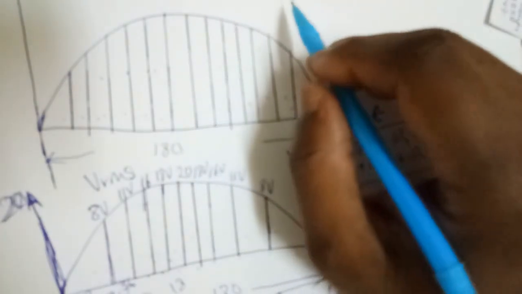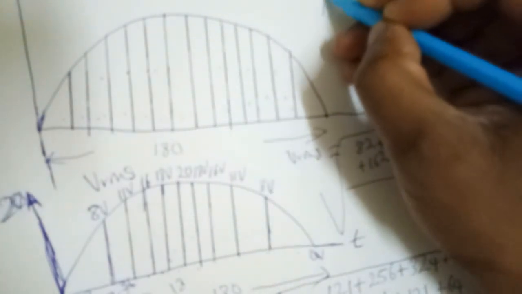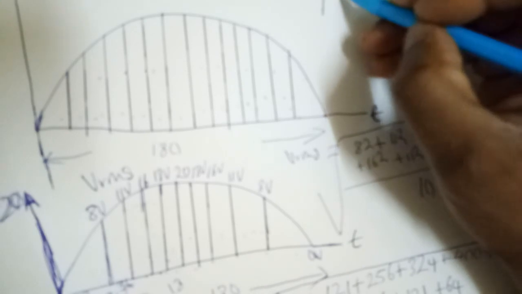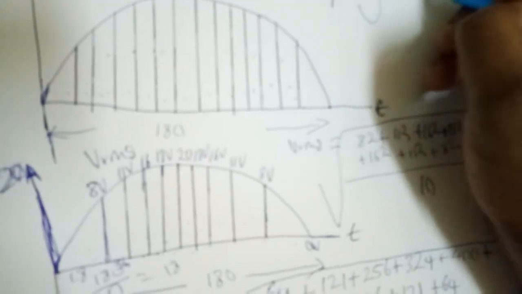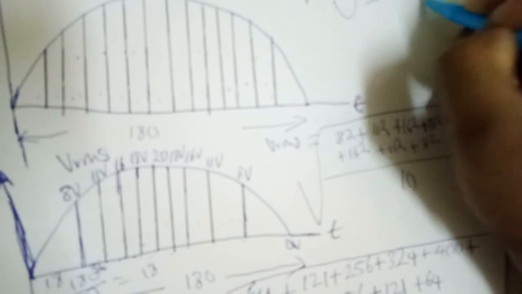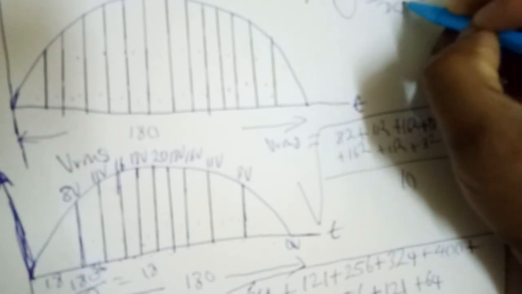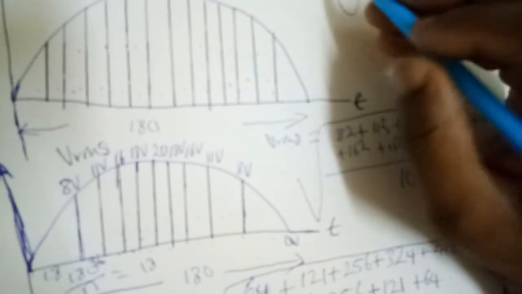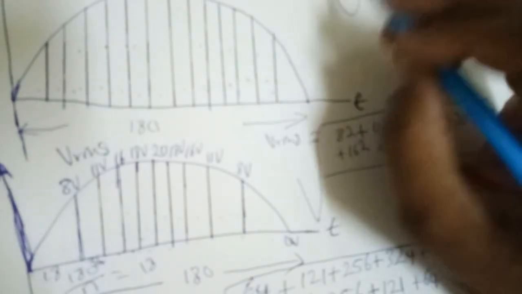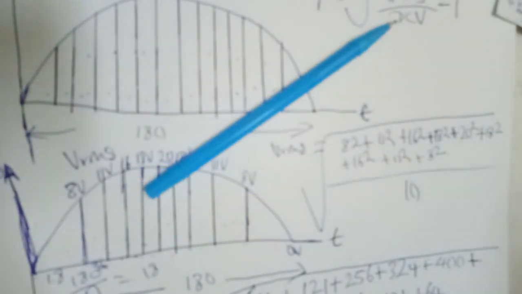So if you want to calculate the ripple factor, it is equal to V root mean squared over DC voltage, minus 1. That's how you get the ripple factor. Another one is the efficiency.